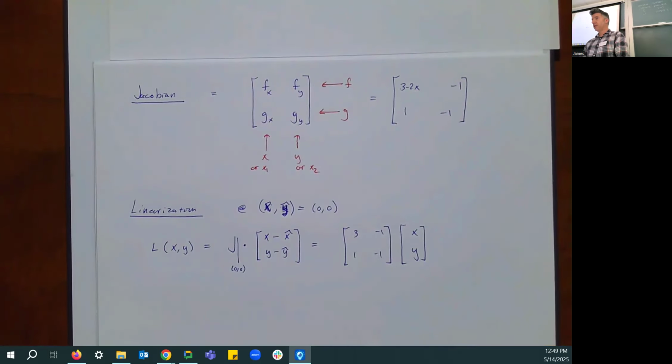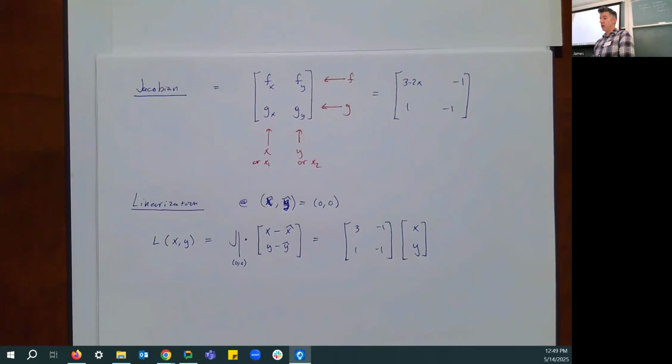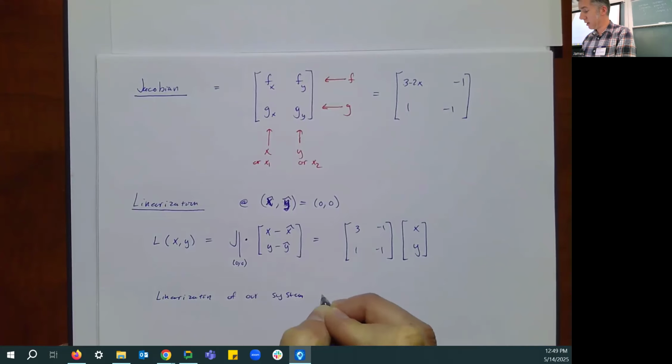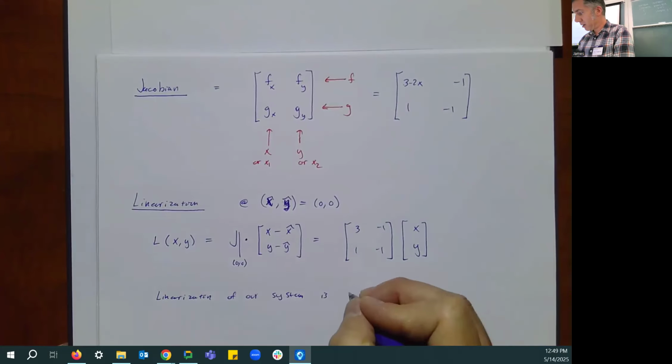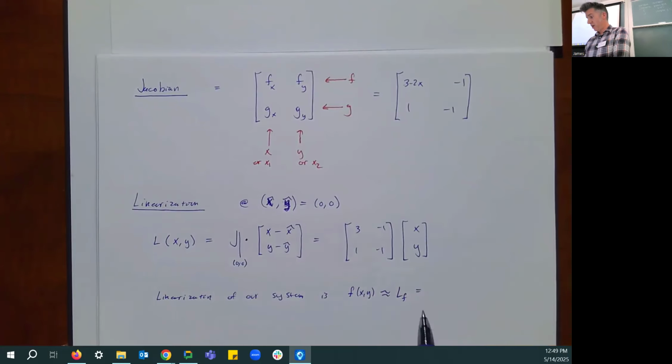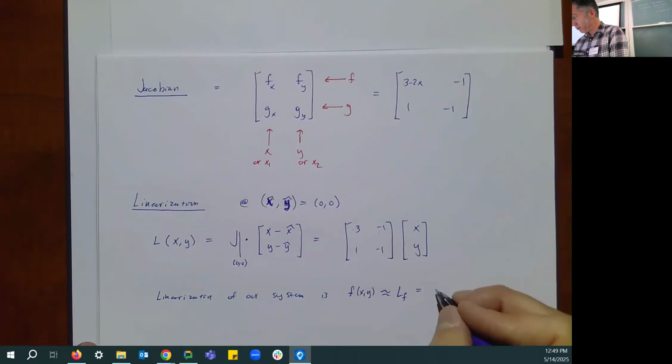Just to make more sense of it, what we're really saying here is that f of (x, y) is approximately the linearization of f, which is 3 times x minus 1 times y.